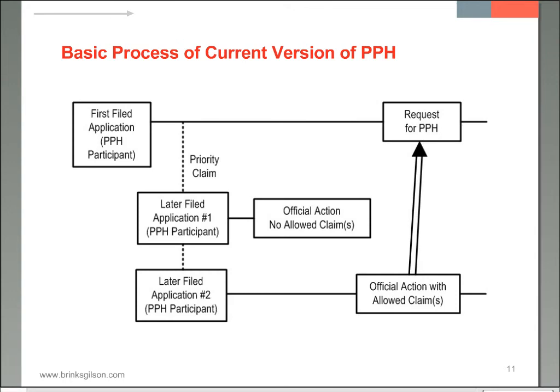I previously discussed the original version of PPH. Let's discuss the current version shown in this slide. Some of the main differences with the original version of PPH are, number one, any application can trigger the possibility of entering PPH. And number two, the first filed application can reap the benefit of entering PPH.